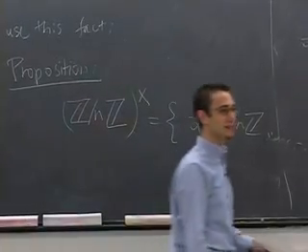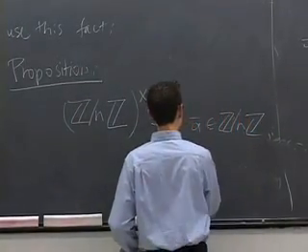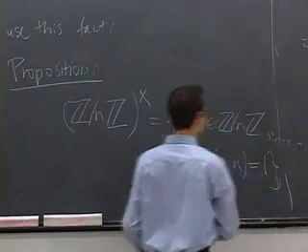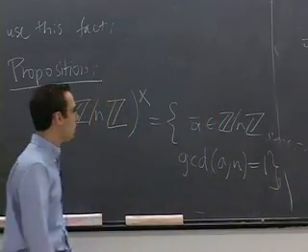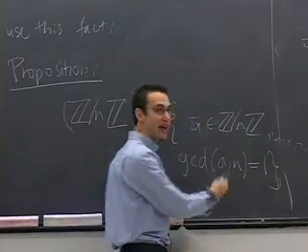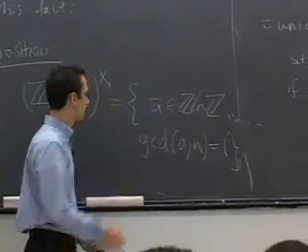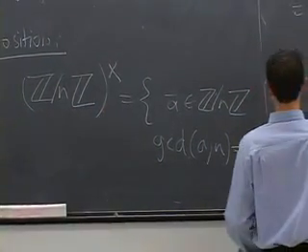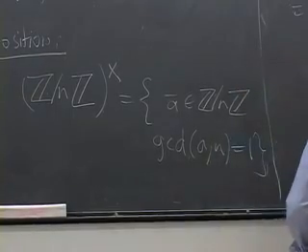Yes? Exactly. The gcd of a and n is 1. Or to use a more abbreviated terminology, a and n are relatively prime. So this is very easy to prove now that we've established these sorts of basic arithmetic facts about the subgroups of Z.